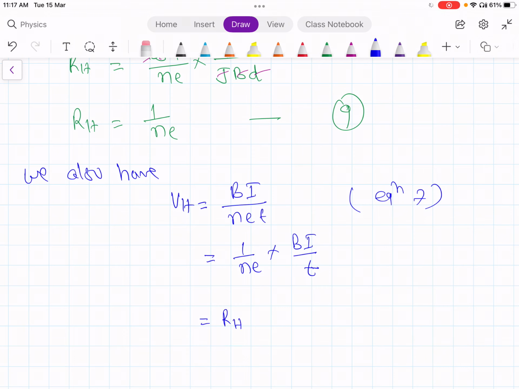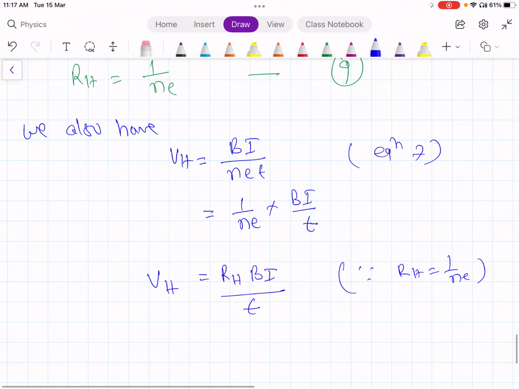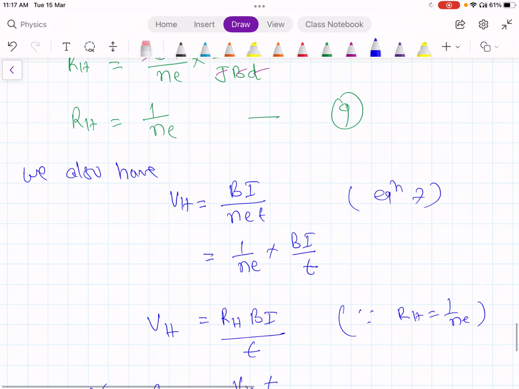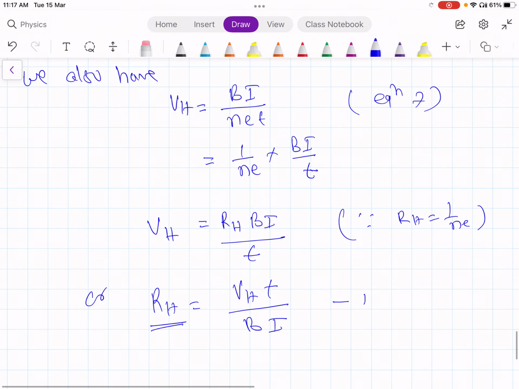So RH B I upon t equals VH, since RH equals 1 by N e. From this equation, we can again find the value of RH, which is VH t upon B I. So RH we can find using equation 9, as well as equation number 10.